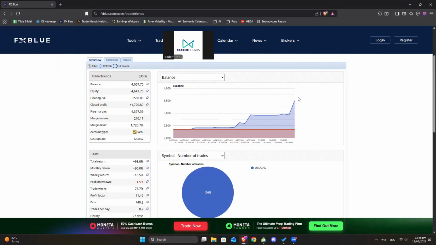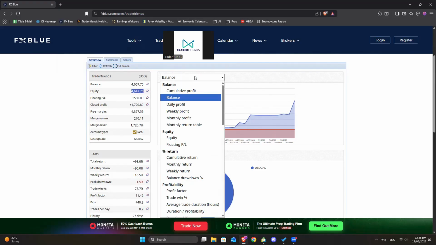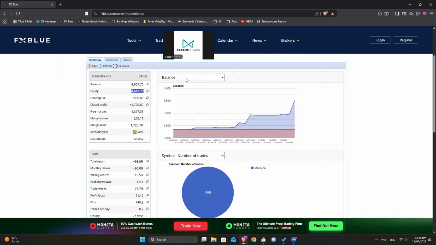And you can see the balance is sitting at 3,500, but the equity is sitting at 4,600, right? So when I close the trade, I will be round about here, 4,500 or maybe even more, growing from 2,300 to 4,500, a $2,000 profit.